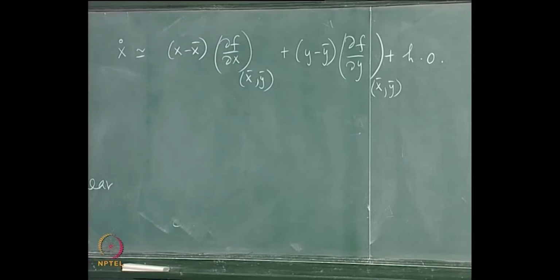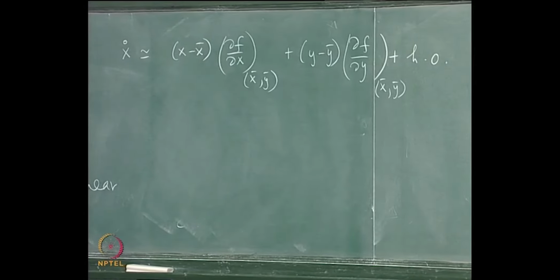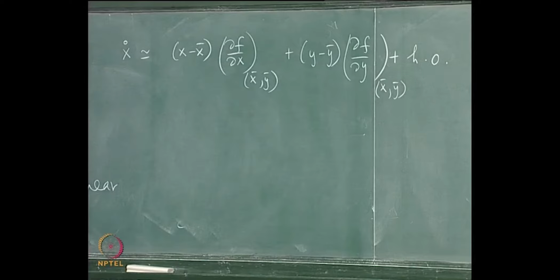These would be terms which are of the form x minus x bar the whole squared, or y minus y bar the whole squared, or x minus x bar times y minus y bar times the cross derivative, and so on and so forth.